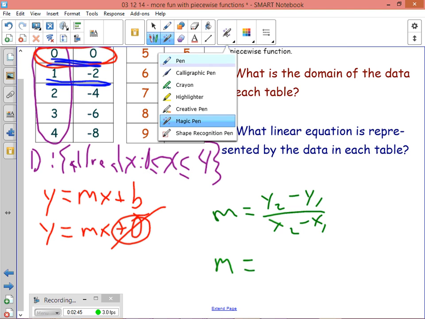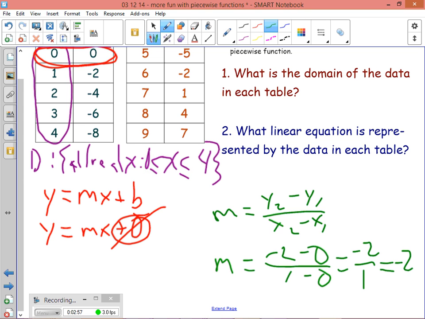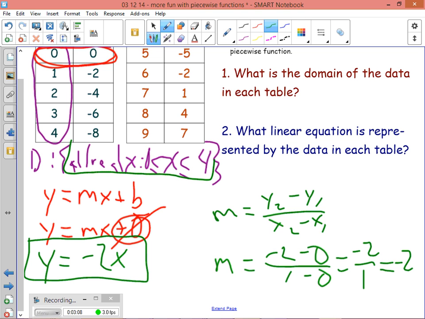So my slope is going to be negative 2 minus 0 over 1 minus 0, which is just negative 2 over 1, which is just negative 2. So my equation is y equals negative 2x plus 0, which I don't have to write. That is my equation, and this is my domain here. Okay.